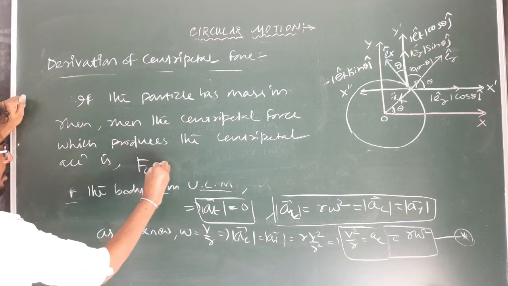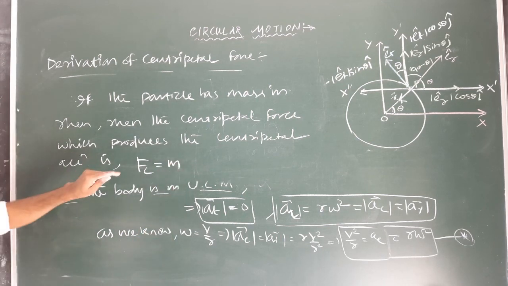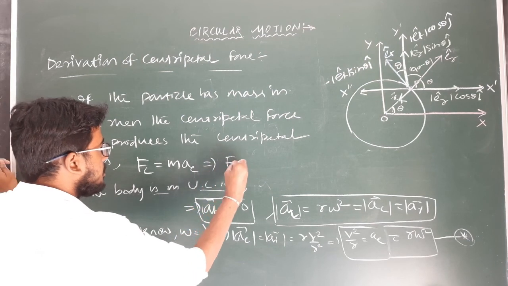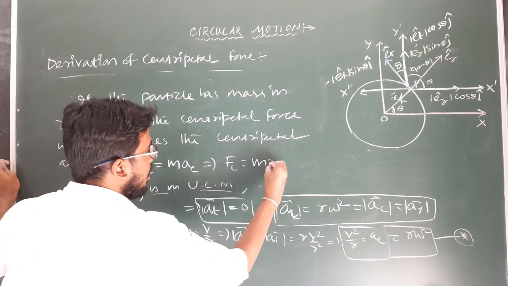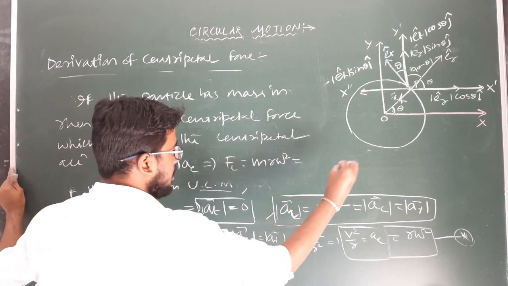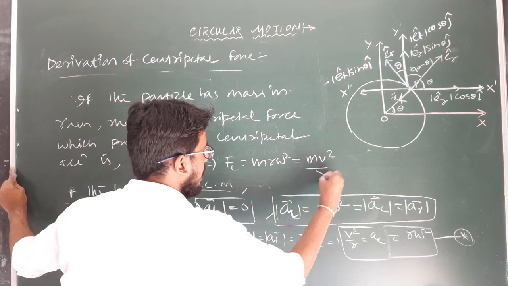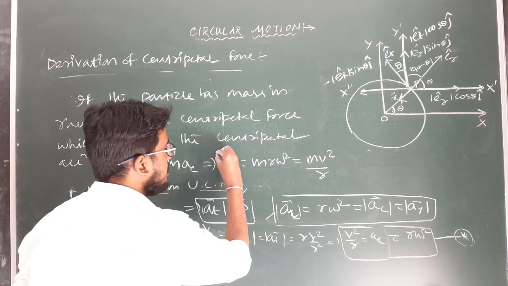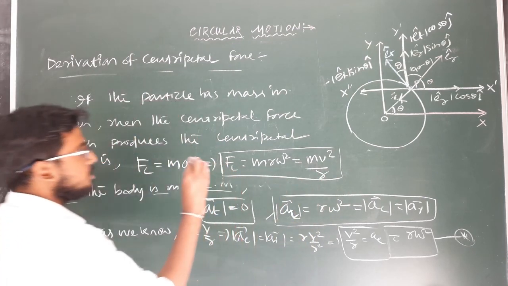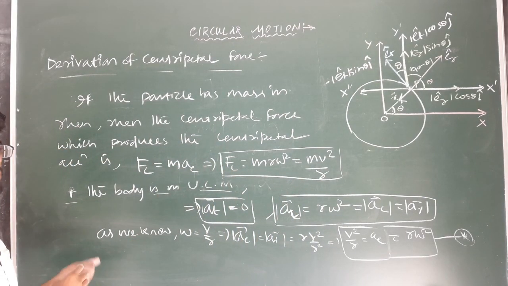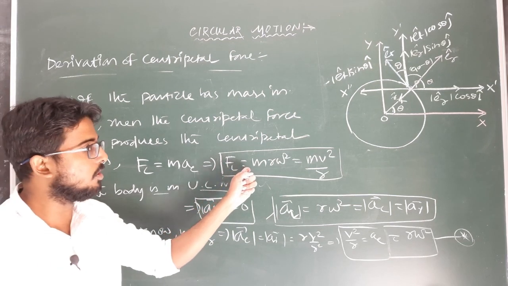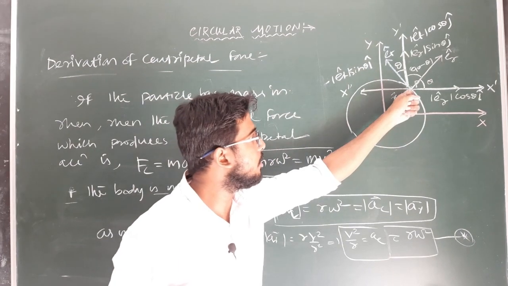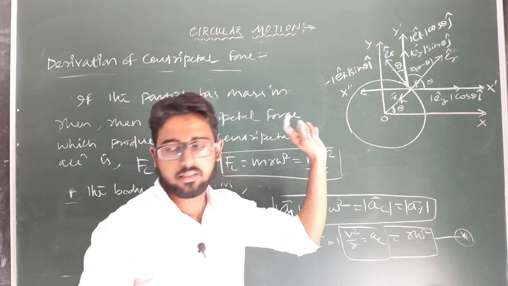The F centripetal equal to mass of the body into acceleration, that is centripetal acceleration a c. So this implies the F centripetal will be equal to m r omega square, or this can also be written as m v square by r. Clear? So this is the expression for centripetal force which acts on the body along the radius towards its center, or this is the force which provides the required centripetal acceleration which is responsible for the particle to move in a circular path. Clear?